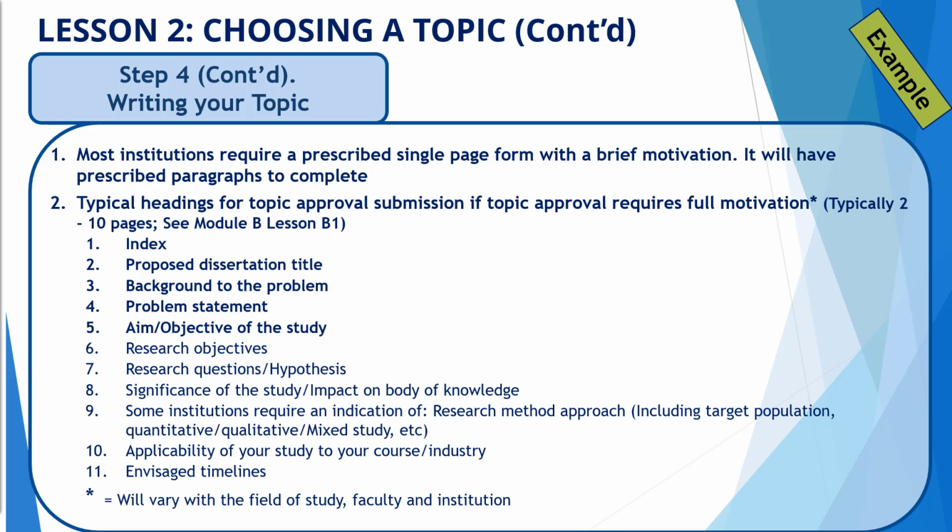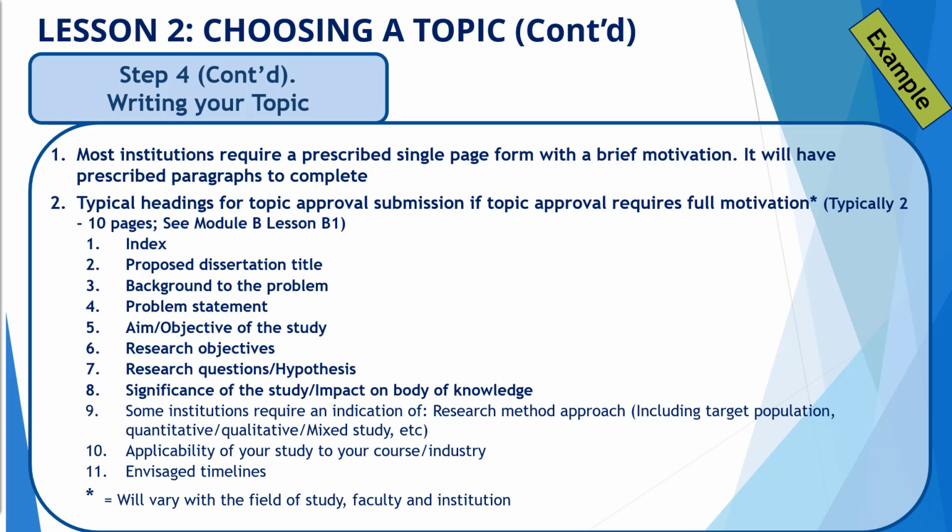Then you're going to move forward, and the aim of your study will lead you to your research objectives, and that will be followed by your research questions or hypothesis. And here I just want to highlight for you that at this stage you probably don't know exactly what that's going to be, but the university will need a provisional indication of your research objectives and your research questions.